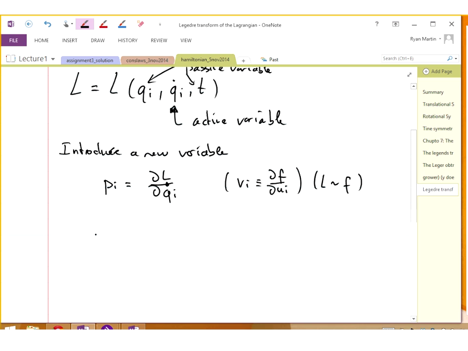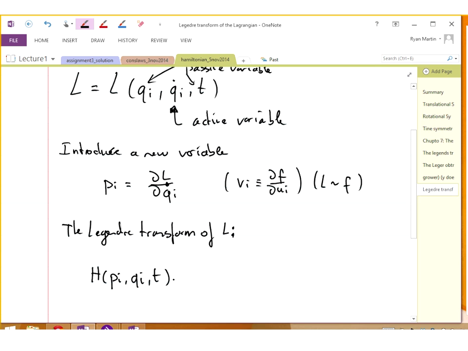All right. So in that case, I introduce a new function, the Legendre transform of L, and I'll call it H. I already know that H is not going to depend on the qi dots; we just proved that.